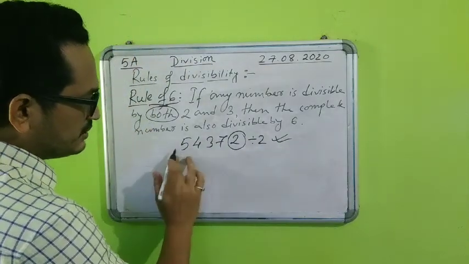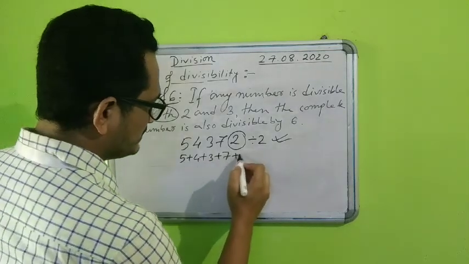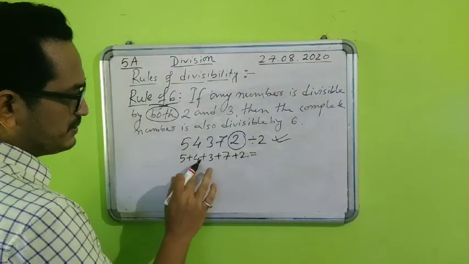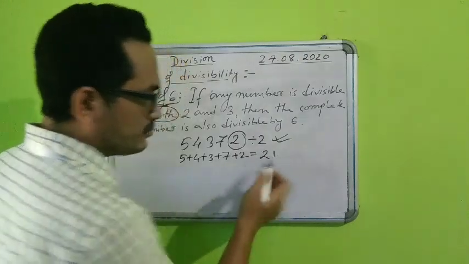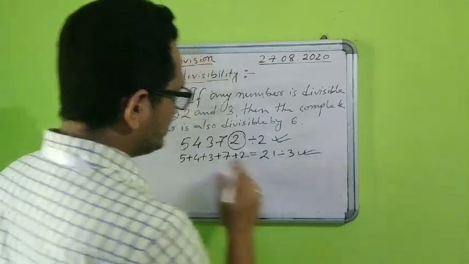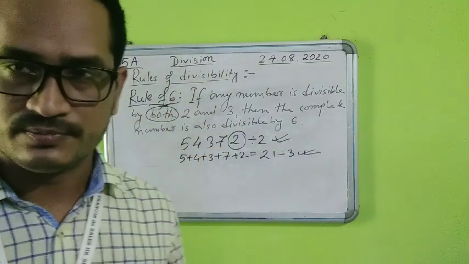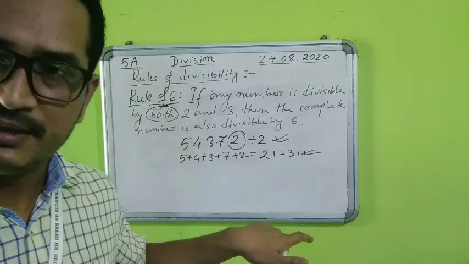Now if I add all the digits, what do we get? 5 plus 4, 9, plus 3, 12, plus 7, 19, plus 2, 21. Now 21 is divisible by 3 also. So that means this number is divisible by 3 also. So this number is divisible by 2 as well as by 3, both.